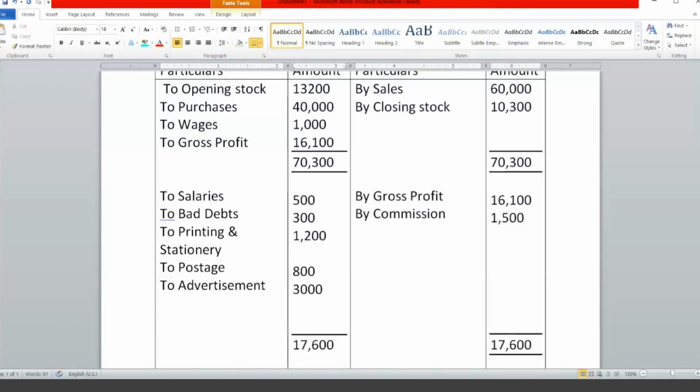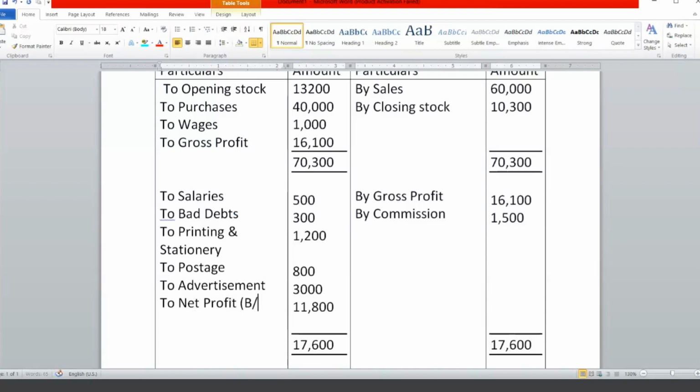Now let's see the total of the debit side. 500 plus 300 plus 1,200 plus 800 plus 3,000. How much? 5,800. 17,600 minus 5,800, you got 11,800 as profit. So write down to net profit. That is the balancing figure.